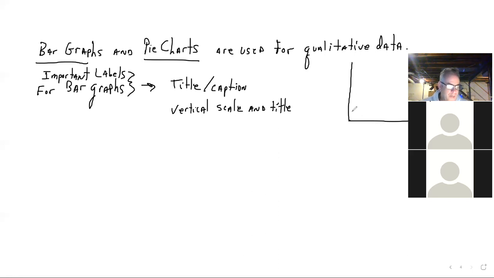And these numbers will line up with uniform, what we call tick marks. I may go 2, 4, 6, 8, 10, 12, 14. I may go 1, 2, 3, 4, 5, 6, 7, etc. But it's uniform.